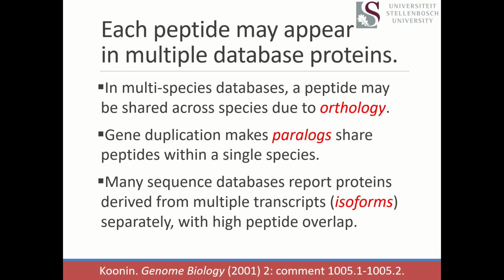If you deal with a multi-species database like UniProt, which is a very frequent approach, it's quite likely that a given peptide could match to proteins from all kinds of species because things like actin are strongly conserved across species. So this is an example where orthology could lead to the same peptide matching to any number of protein sequences.